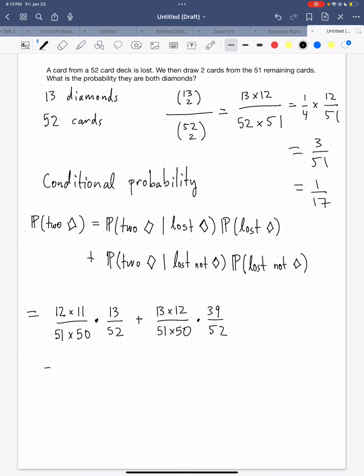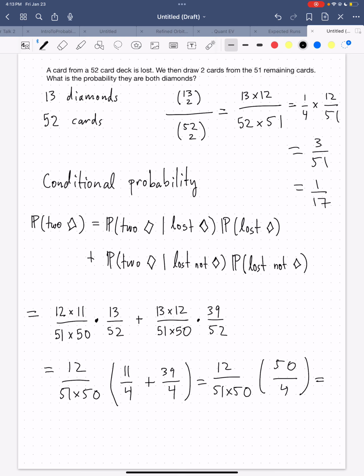So if we calculate this out, what is an easy way to do this? We have 12 over 51 times 50, and we could factor out 11 over 4 plus, let's see, 39 over 4, which is 12 over 51 times 50 times 50 over 4, which is 3 over 51, and it's again 1/17.